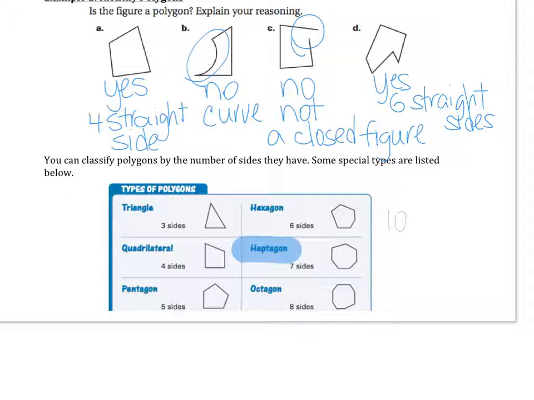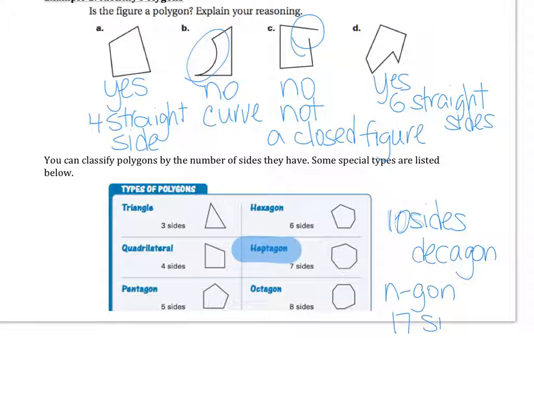Another one that we can add to it is 10 sides, the decagon. And if we are greater than 10 or 9, we just call it an n-gon. So for instance, 17 sides would be called a 17-gon.